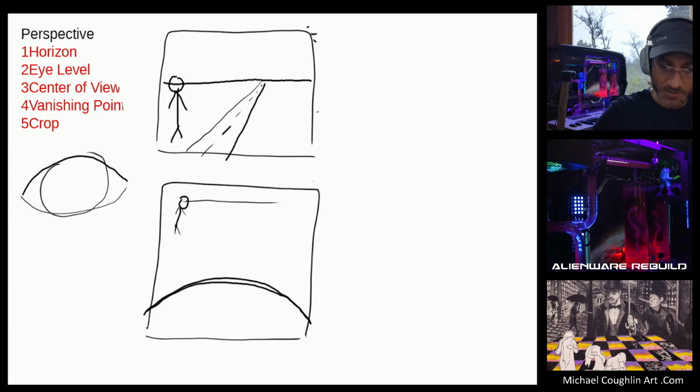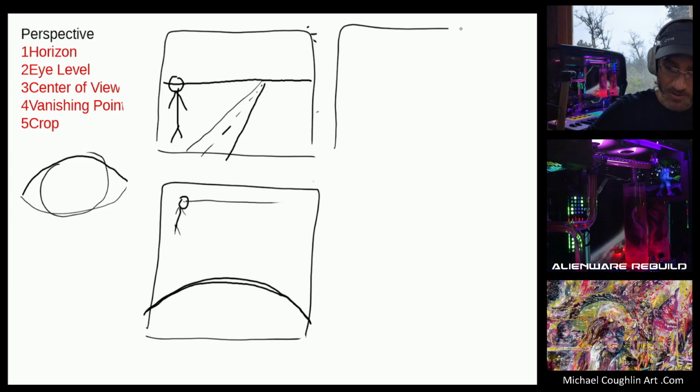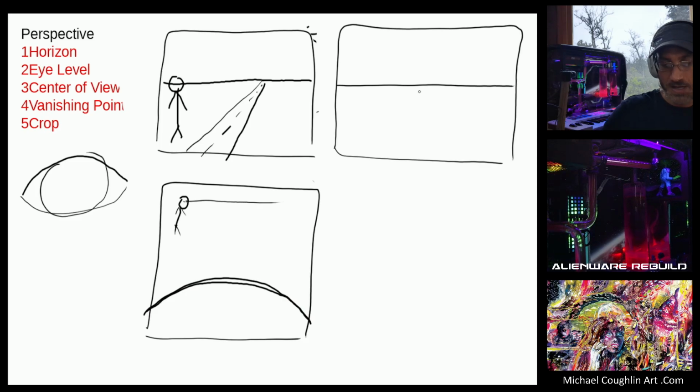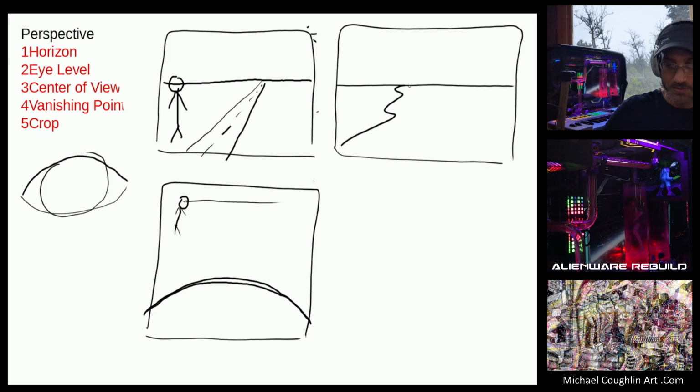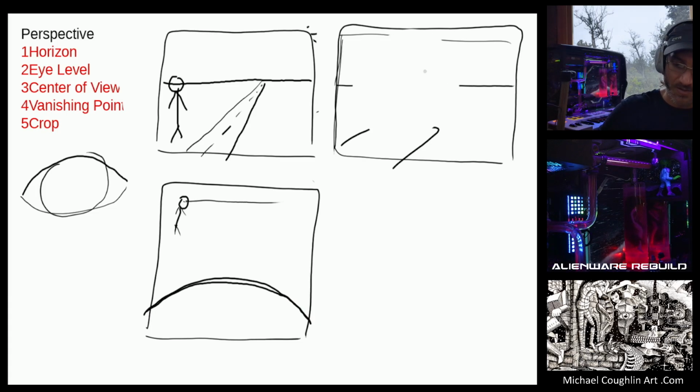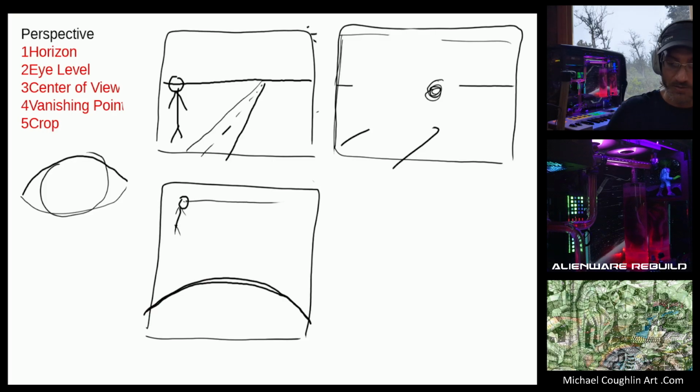Usually in art, you see this classic picture where they're all matched up more or less. You've got your horizon line, you've got your eye level, and then usually the camera lens is going to be in the center somewhere.